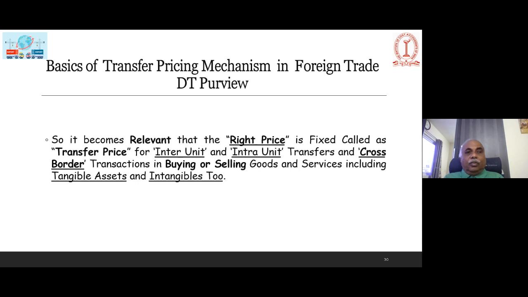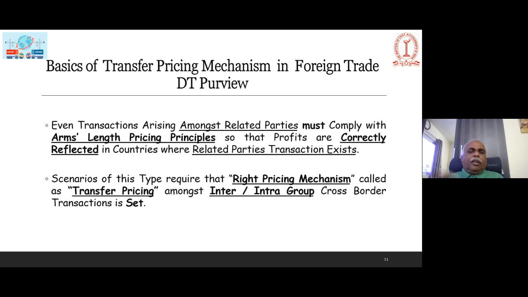And inter-unit or intra-unit cross border transactions, buying or selling services, including tangibles and intangibles, are happening. Even transactions arising among related parties must comply with the arm's length principle.